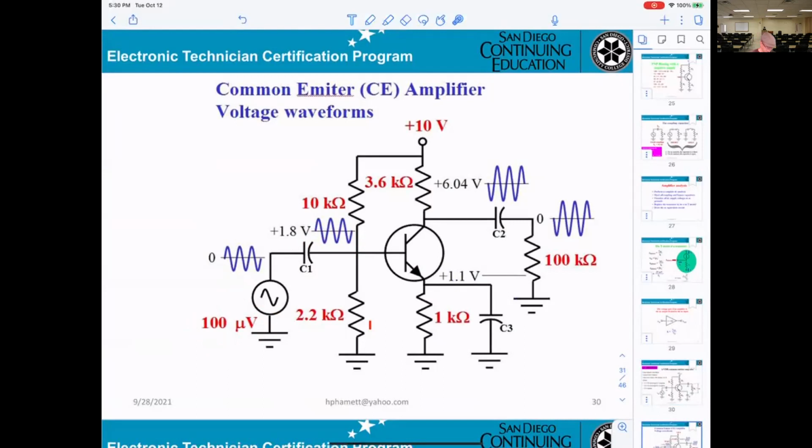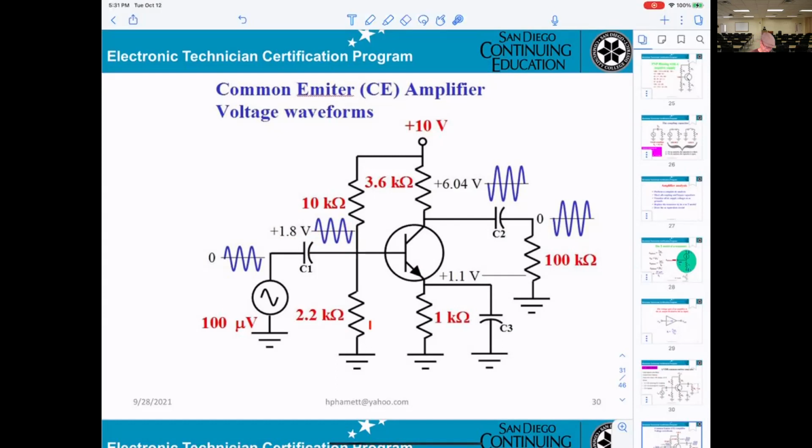So if you want to measure the AC signal at this point, your oscilloscope must be set to AC coupling, so it removes the 1.8 volt. That's why you can measure that sine wave. Otherwise, if you set to DC coupling, you cannot measure that. It is a very, very small signal.